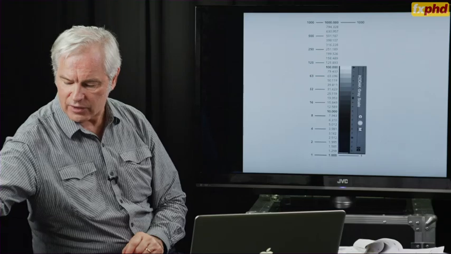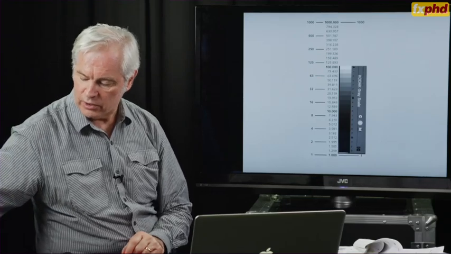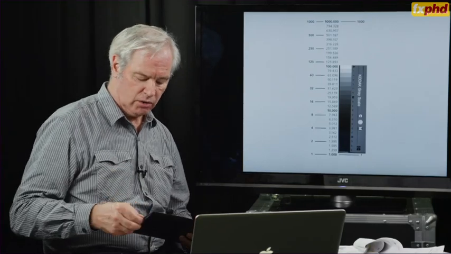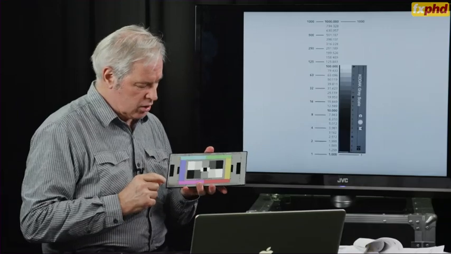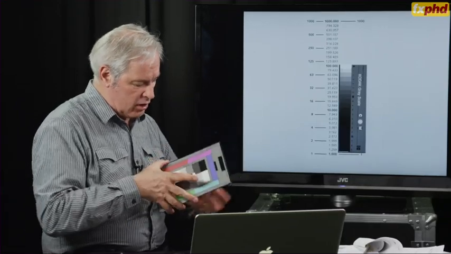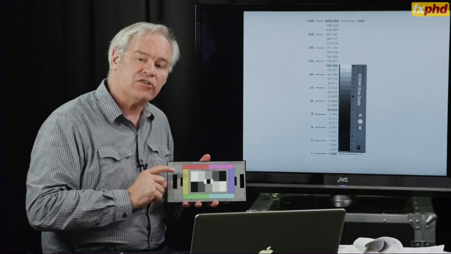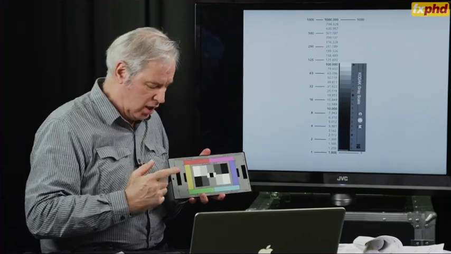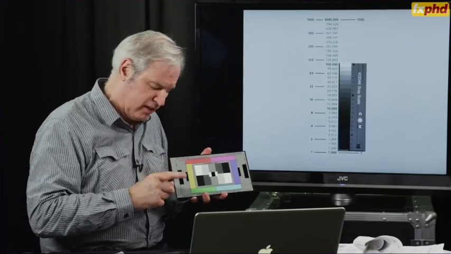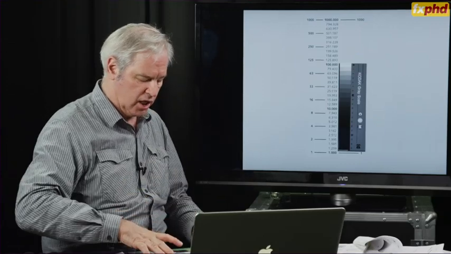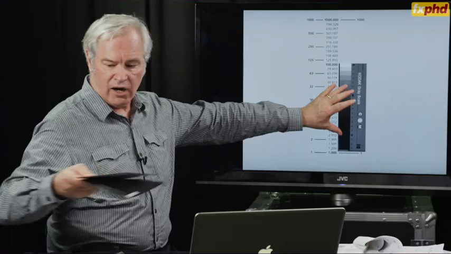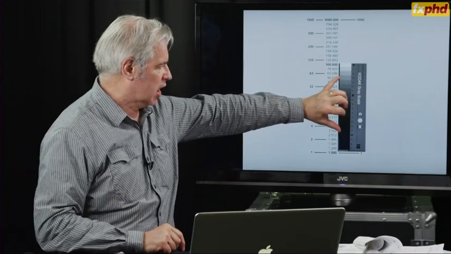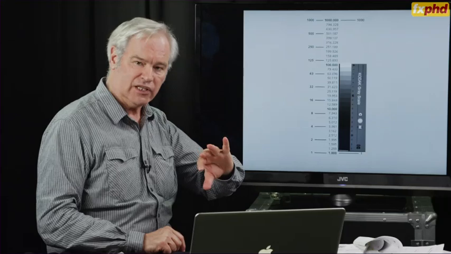So this is comparable to the DSC Labs Cameline chart that I was showing you earlier, where they're using a glossy black because it can achieve a lower black level, having to do with the way things reflect off the surface of the card.